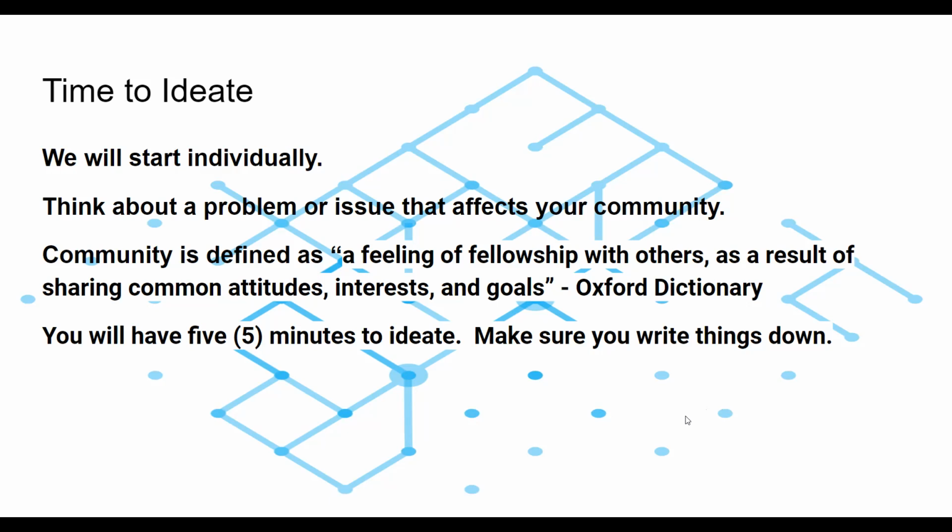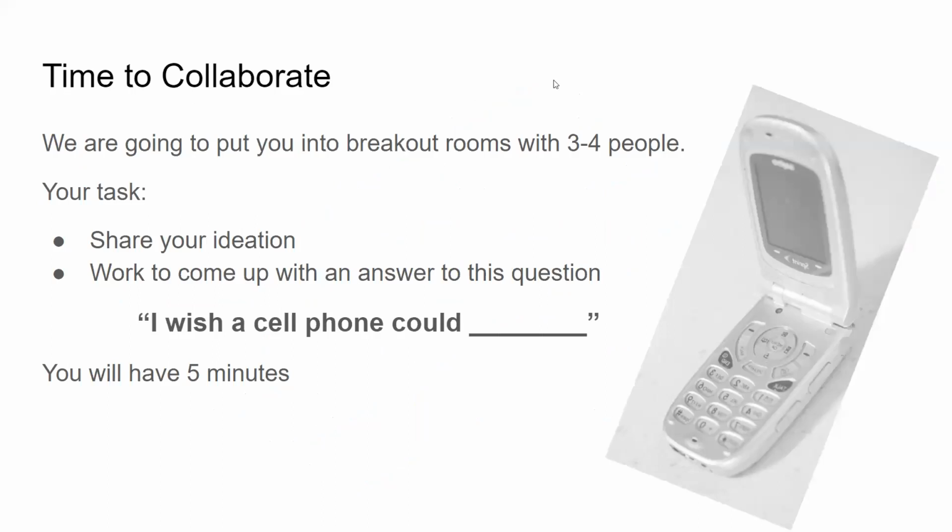Right. So now moving on to the next thing, we're going to put you into breakout rooms of 3 to 4 people. I think right now we have 11 people in here, so it'll probably be 3 to 4. Share your ideas, and then as a group, we want you to answer the question: I wish a cell phone could blank, and you are going to decide the blank.